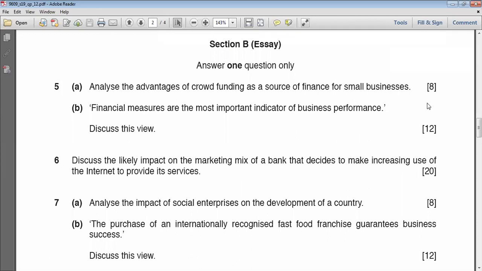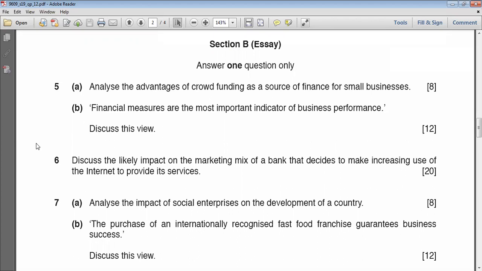So start first with setting the ground, defining crowdfunding, defining small business. So you have shown, and the examiners, me or the Cambridge examiners, will know that you have a deep understanding of the knowledge. So define first crowdfunding and small business.